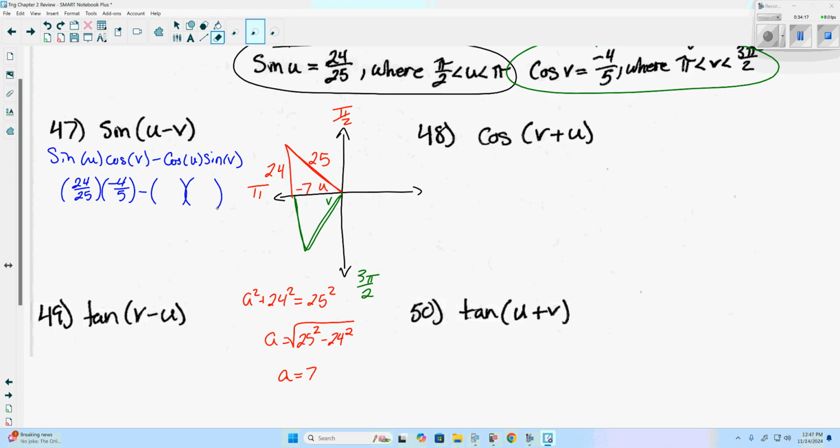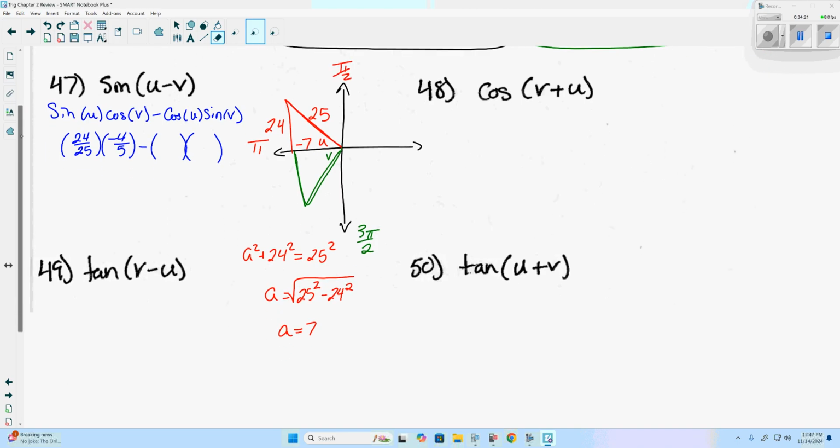Now, by setting the triangle up here in the center with U, cosine is adjacent over the hypotenuse, so cosine of U is negative 7 over 25. Sine of V, unfortunately, we don't know yet because we haven't finished the setup for that triangle. That's why we're doing that there.